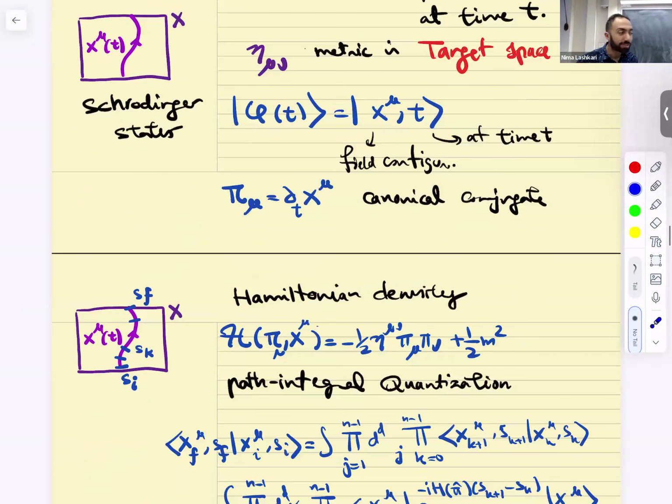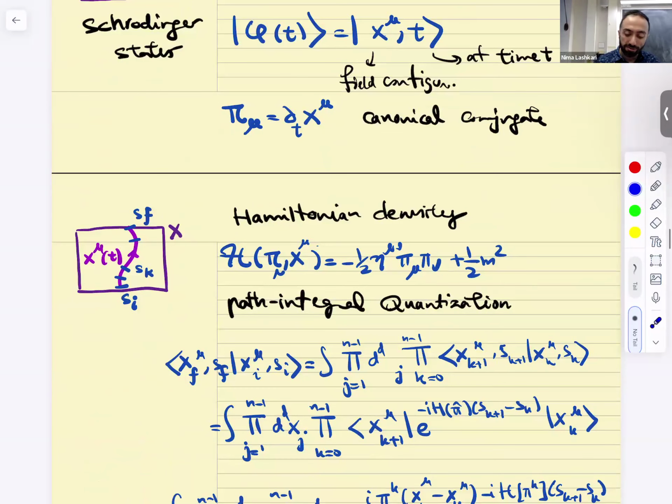So it's clear what Hamiltonian density I'm going to write down: minus half eta mu nu pi mu pi nu, because I know that if I put this, I'm going to get some relativistic answer out. Plus half m squared. I invite you guys to think about why I put half m squared here. First of all, why m squared? Yes, it's mass squared. Why mass squared?